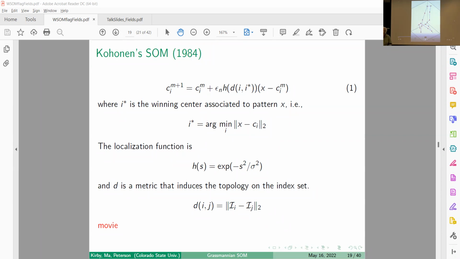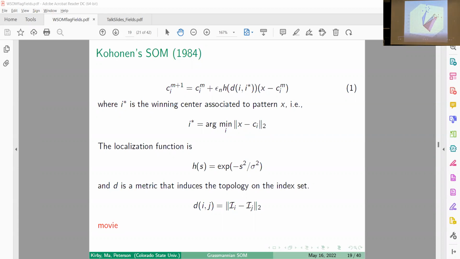Now, we say, oh, this is in R3, how hard can that be? Well, this is a very nice algorithm that carries over very readily to the Grassmannian and Flag setting. Since I'm running low on time, I'm just going to show you the 2 other little videos I have.